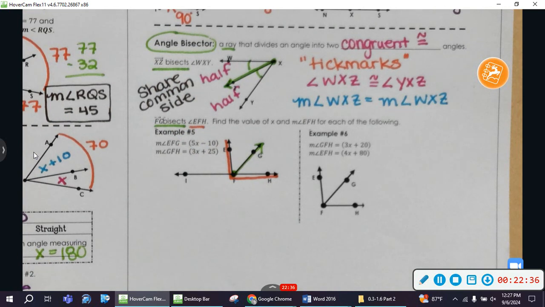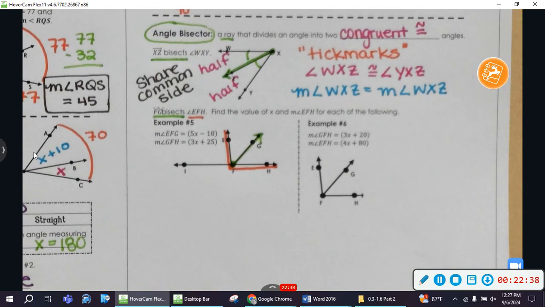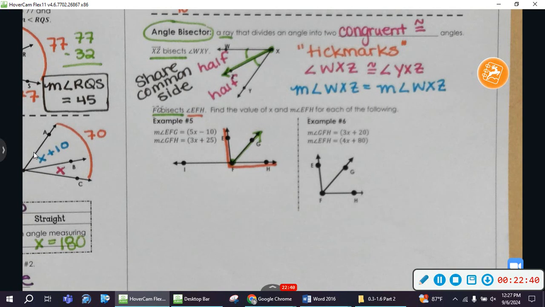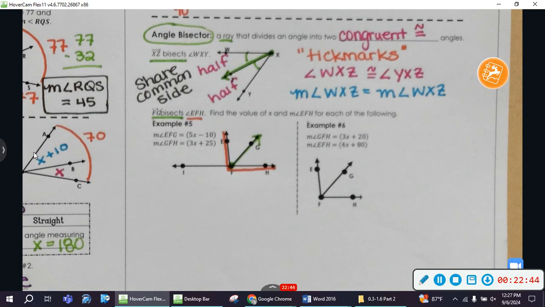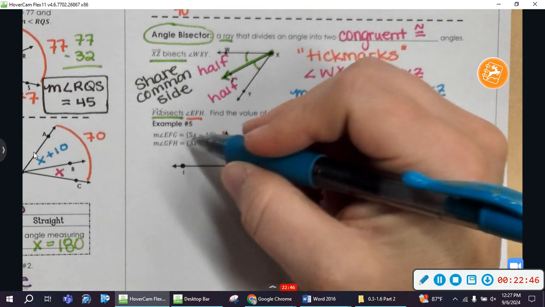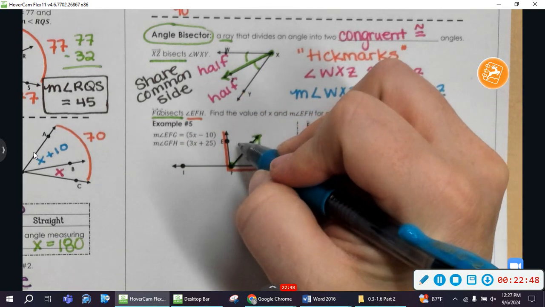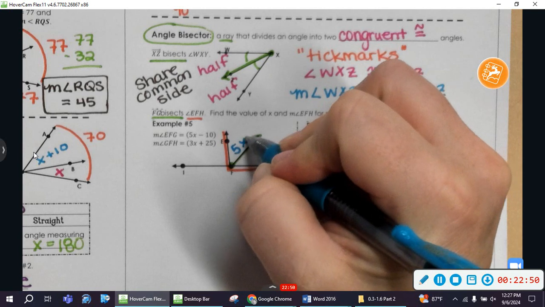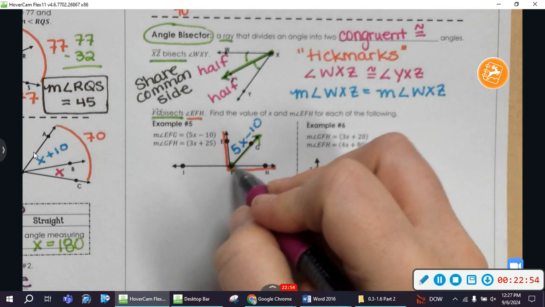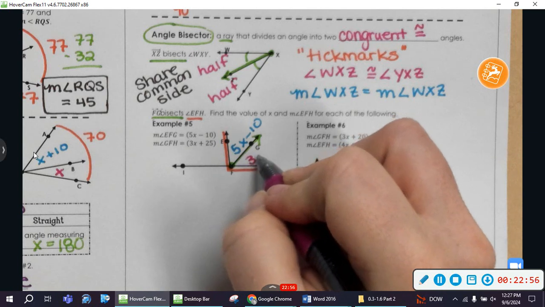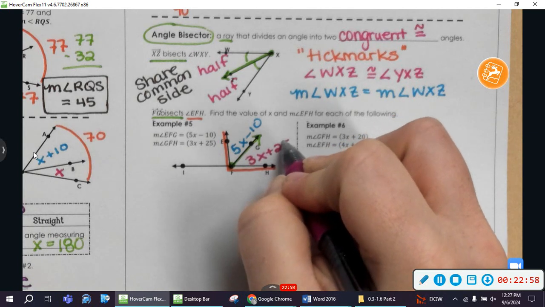So here is our angle, and we always practice good math habits, and we label our pictures. We are told that EFG is 5x minus 10, and that GFH is 3x plus 25.